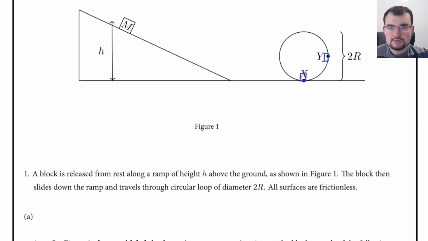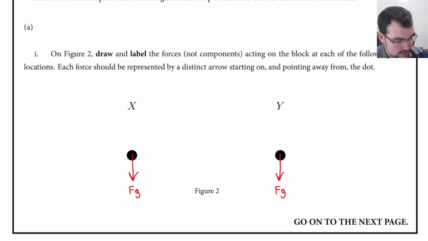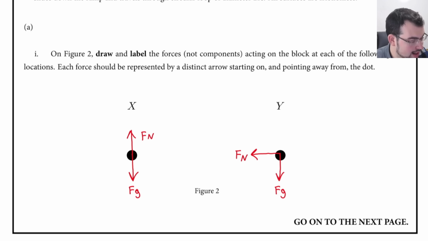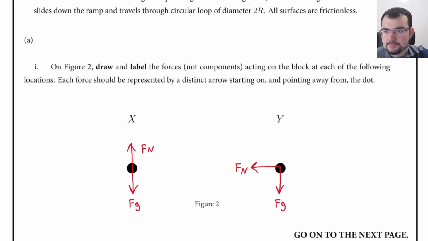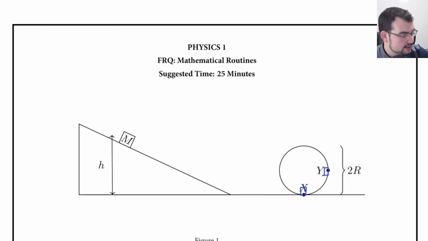And the normal force is the force exerted by a surface, so that is always perpendicular. So we have a normal force directed upwards at position X, and we have a normal force actually directed to the left at position Y. So, because again, it points perpendicular to the surface.